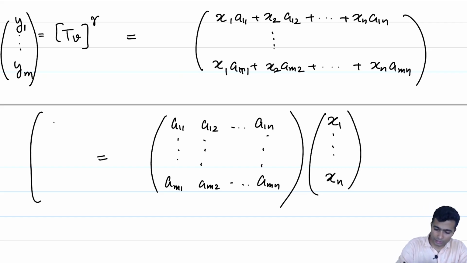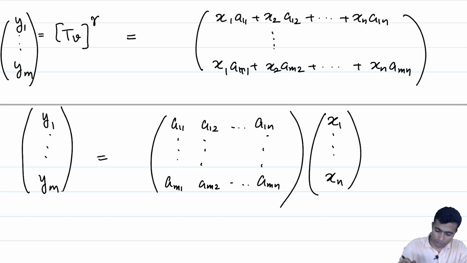So this is exactly how the coordinate vector of TV corresponding to gamma and the coordinate vector of V corresponding to beta are related. It is related by a matrix multiplication.